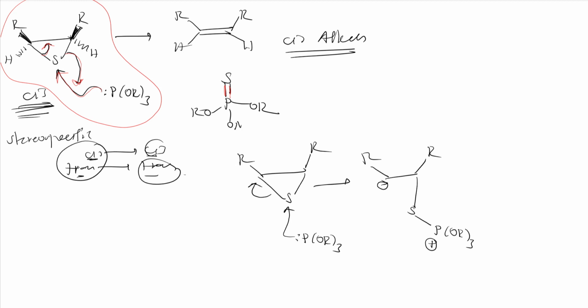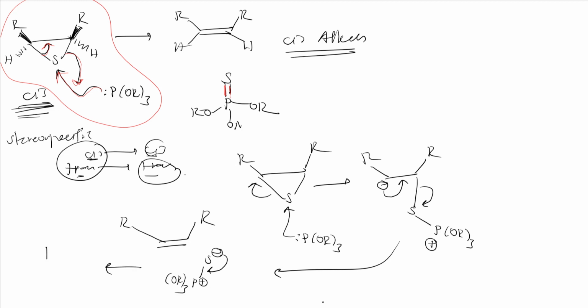Further, see here, it will donate like this, the bond comes on sulfur. For understanding purpose, it is nice, no problem. So double bond you will get, and here sulfur gets negative charge, phosphorus is having positive charge, and OR thrice, right? So positive and negative, they will combine to form a neutral and double bond. P double bond S, and you just keep OR, right?